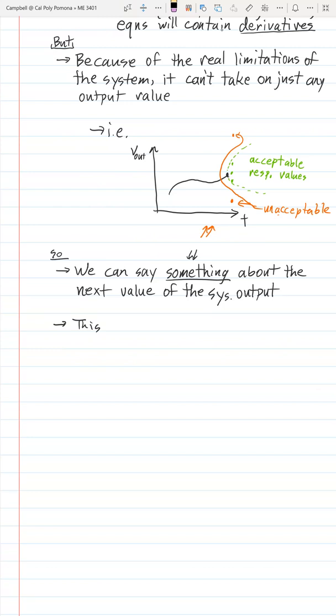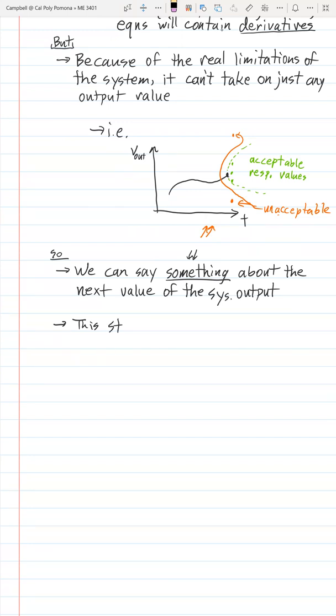But we can make an even better statement if we know the governing differential equation for the system. Then we can really start to say something precise about what's going to happen with the system response in time.